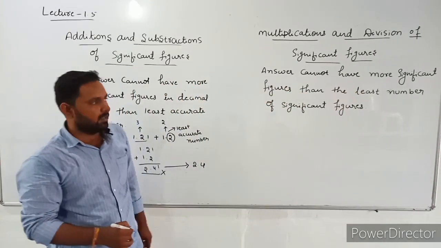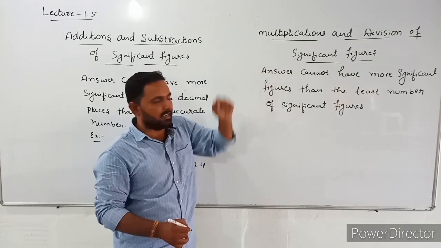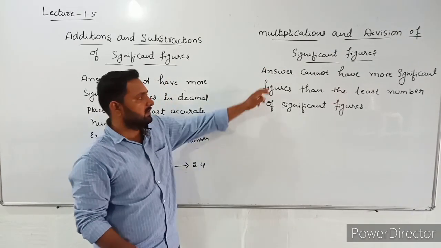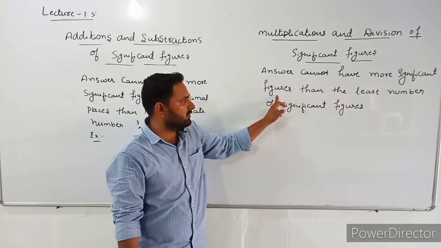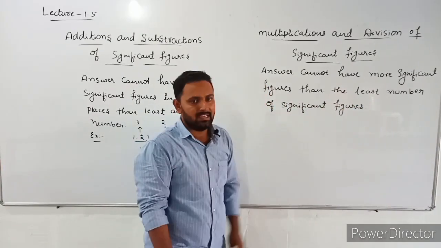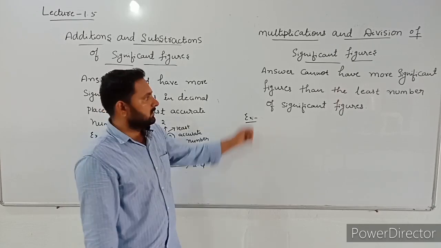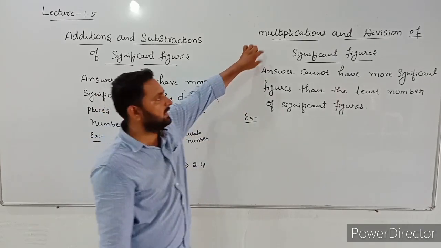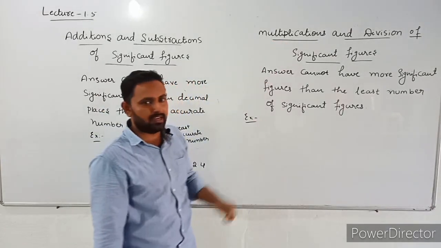This is the rule in multiplications and divisions of significant figures. The answer cannot have more significant figures than the least number of significant figures.